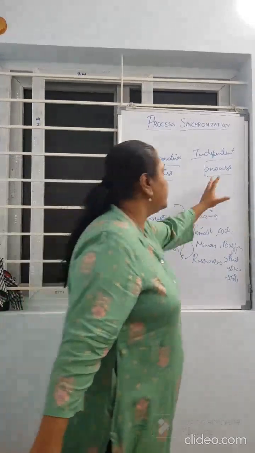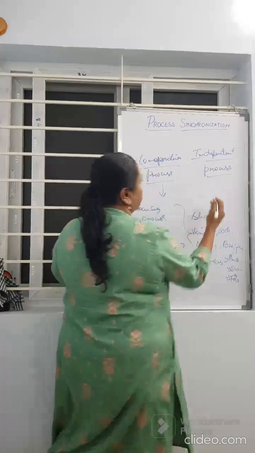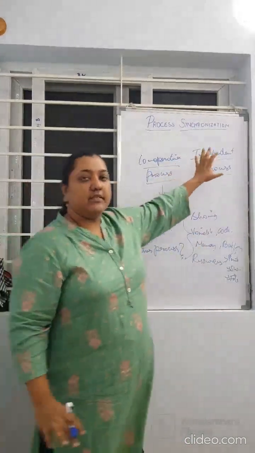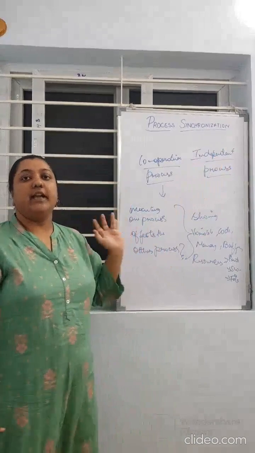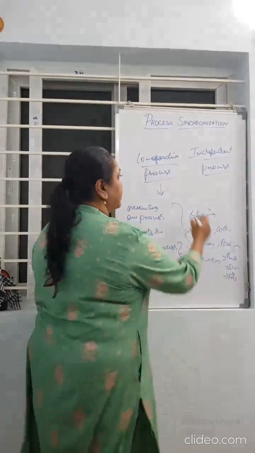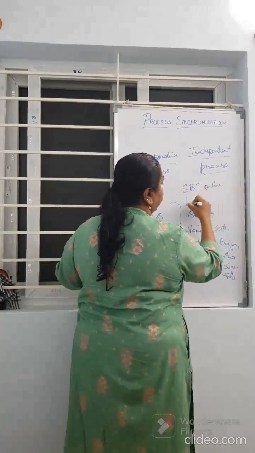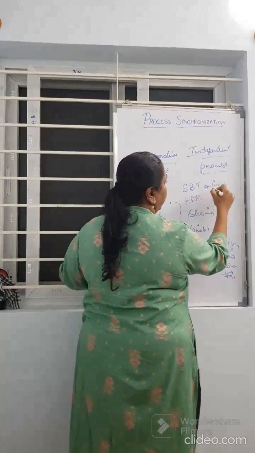So let us come to the independent process. Here the execution of one process is not going to affect the other process. It's very independent. If I have to give you an example, like SBI server, there are two servers. One is the SBI online server and the other is the HDFC online server.